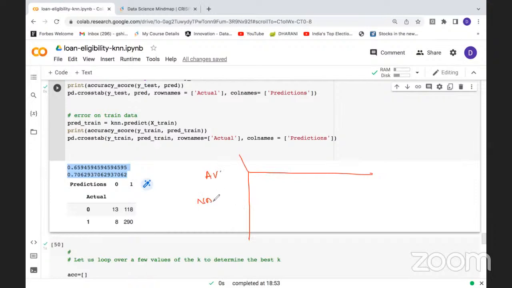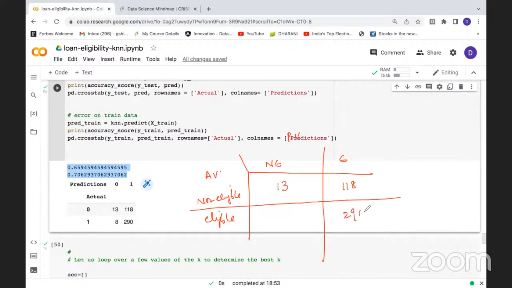Actually not eligible people, predicted values not eligible, eligible: 13, 118, 290, and 8. Okay.